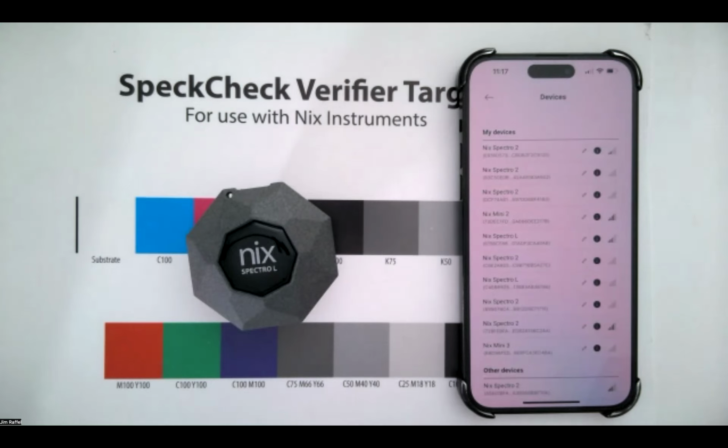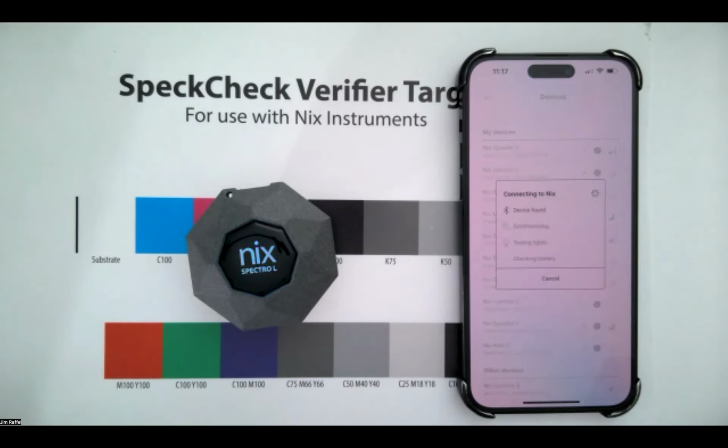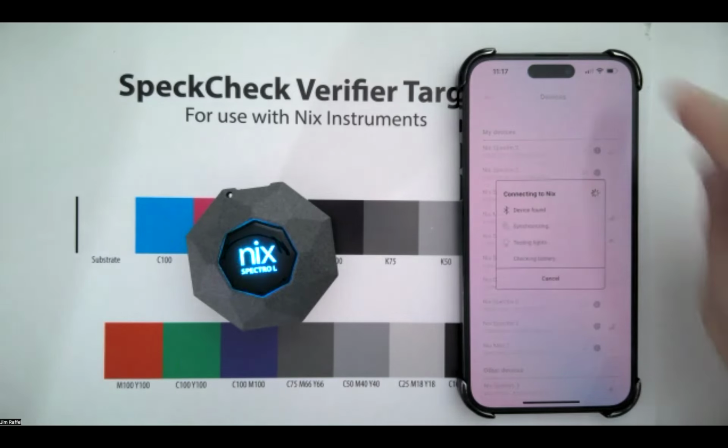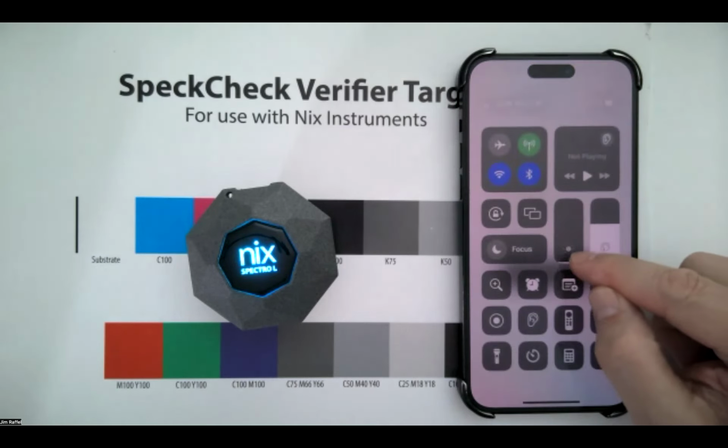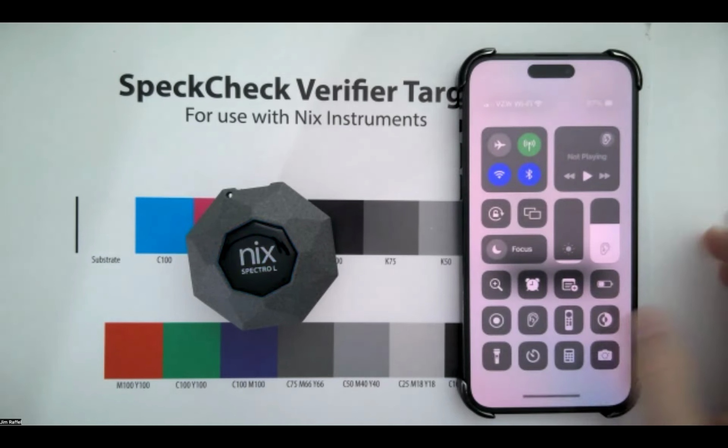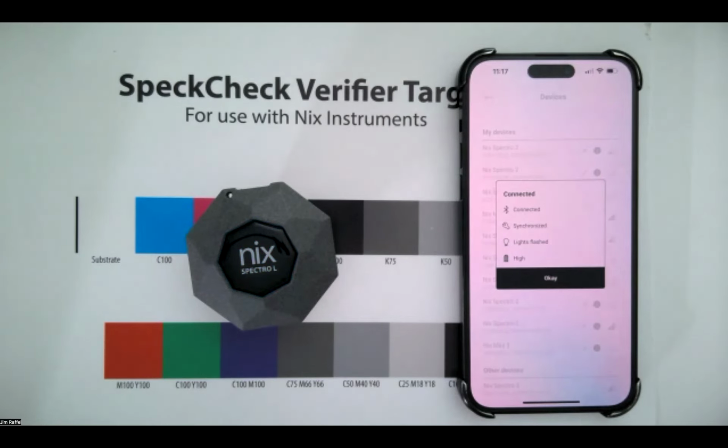I still can't see it, but anyway, what I'm looking for is a Spectro L. There it is in the middle of the screen. Normally you would not have this many instruments on yours. Hard to find the right balance.